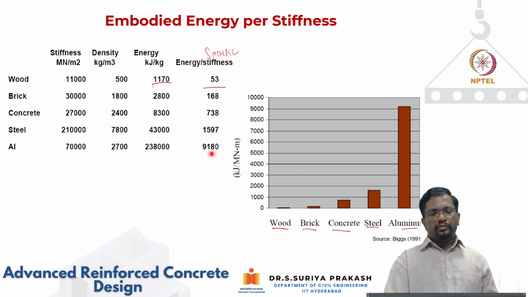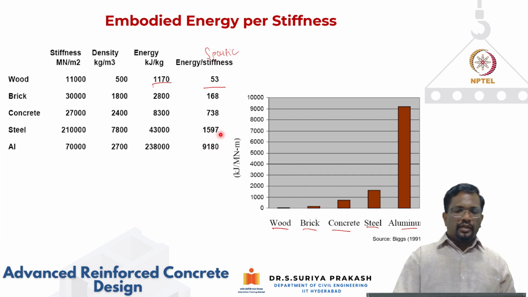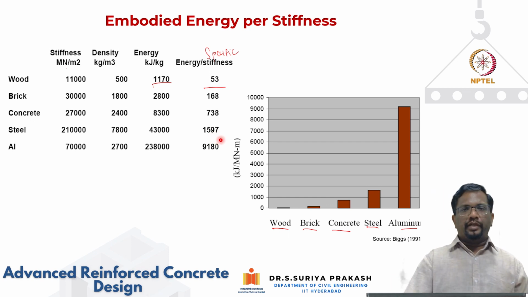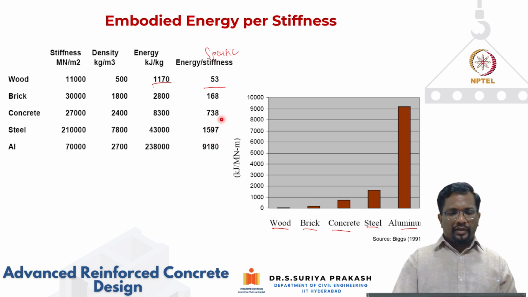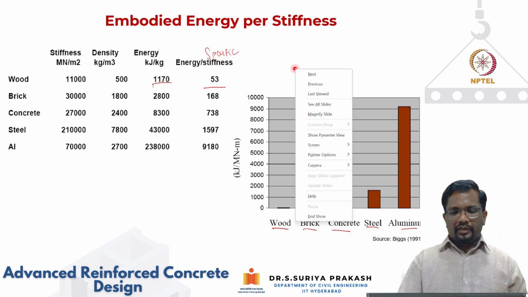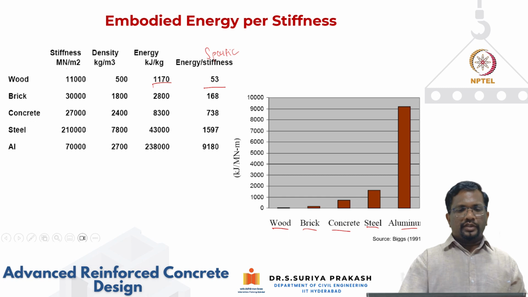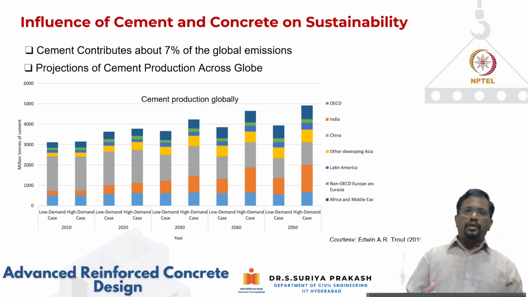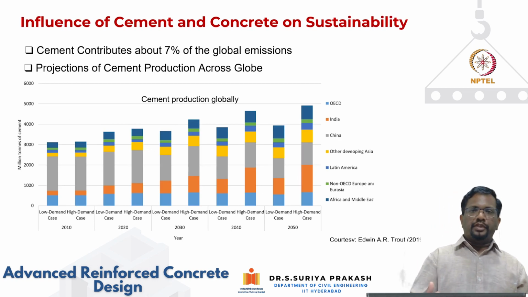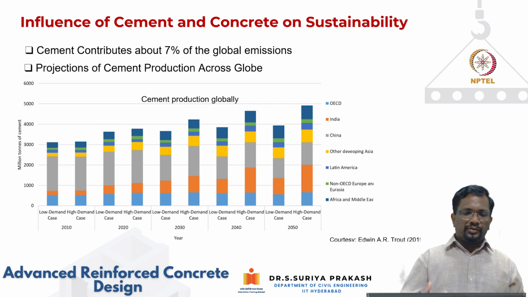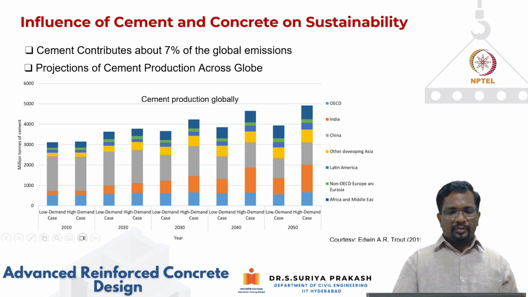Aluminum is not a very energy efficient material for construction. But concrete is not too bad. It is about 738, better than steel and aluminum. So from this point of view, you can clearly say that concrete can still be efficiently used for building construction to reduce the energy aspects.